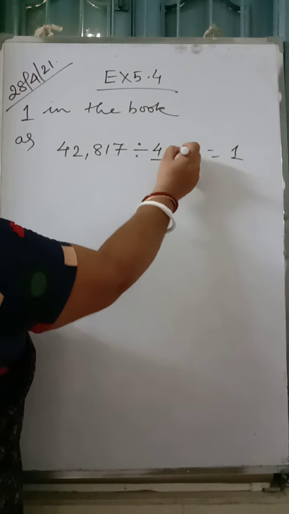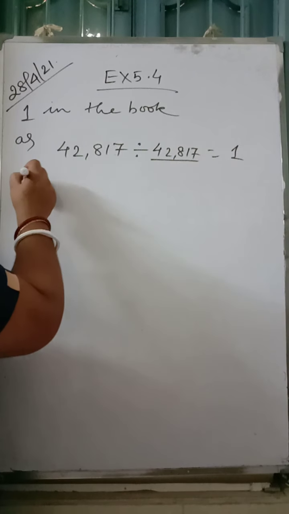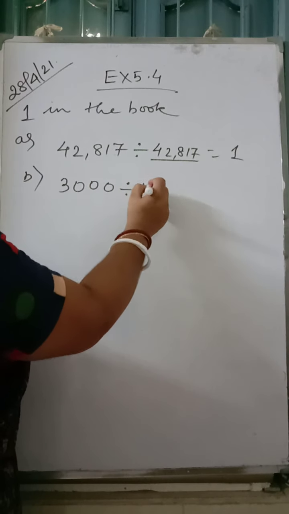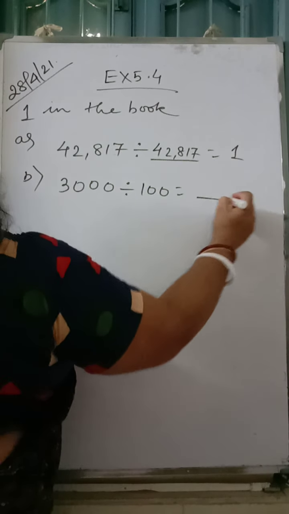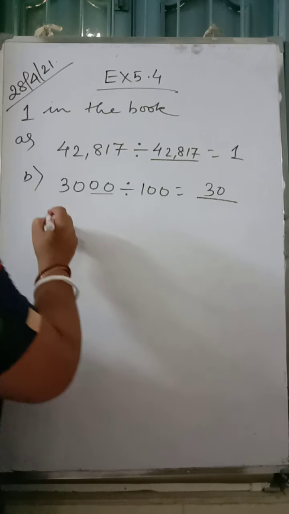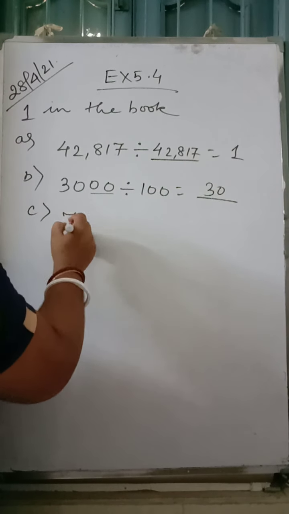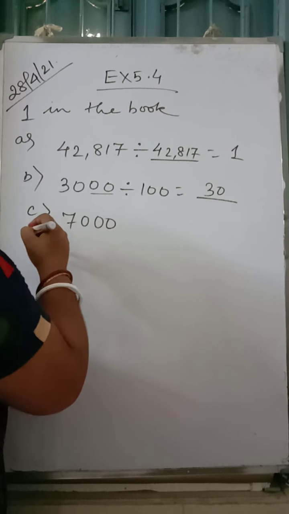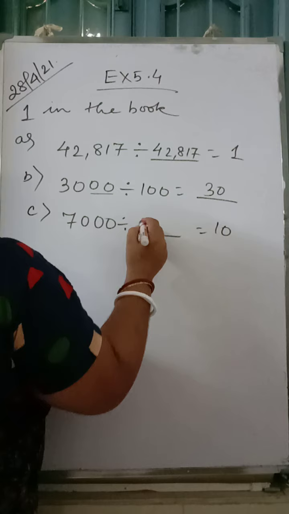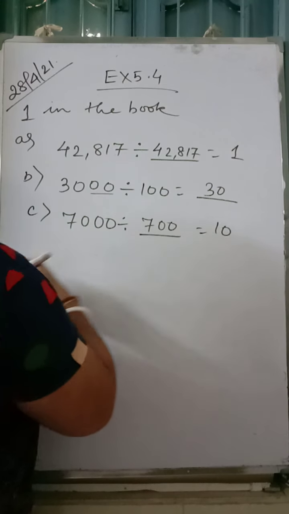So what will it be? The same number. 3000 divided by 100 is equal to, the first two digits are the remainder, 30. 7,000 divided by dash is equal to 10. So it will be 700.